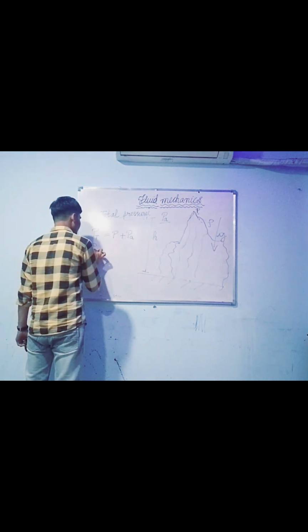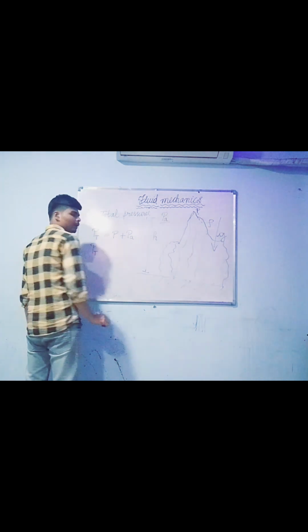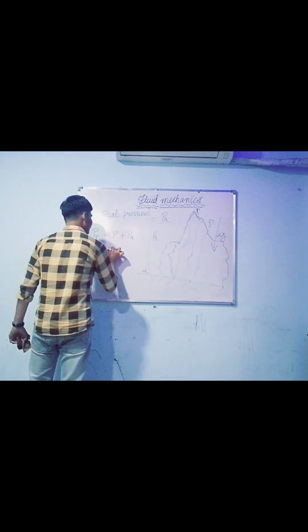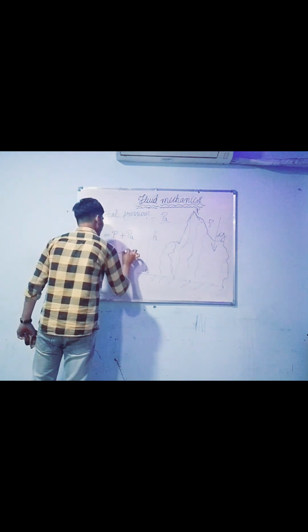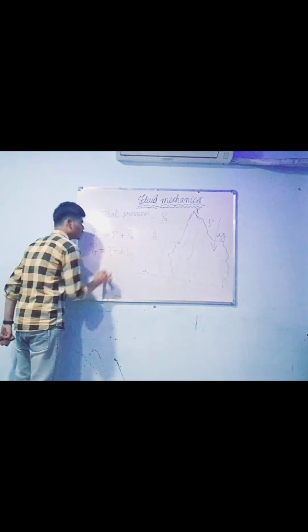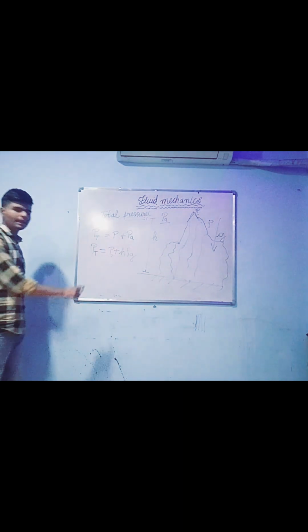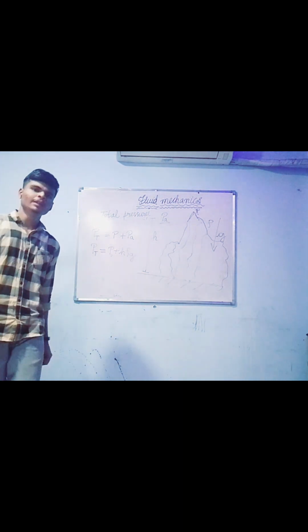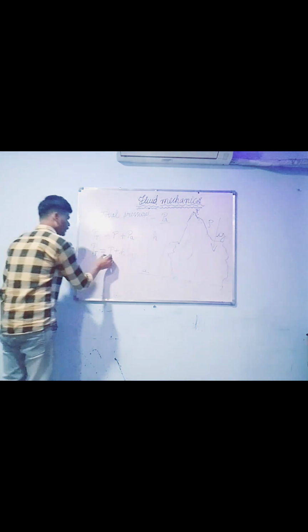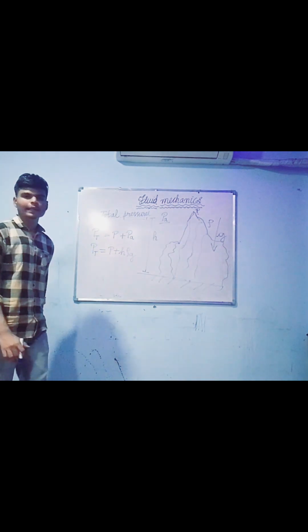So Pt is equal to P plus h rho g. You can also write it as P naught plus h rho g. Internal pressure can be denoted by P naught or P. You can take it as P.